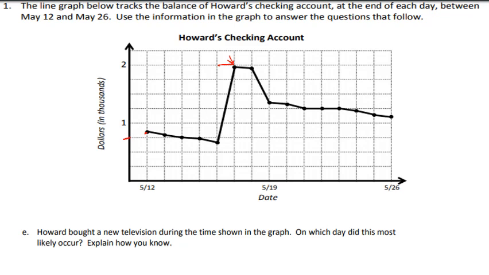Then he started spending a little bit of money, and all of a sudden right here he had a sharp decrease. And we know that each one of these is approximately $250. Okay, so that's a reasonable price for a TV right here. And it went down, showing that he spent it. So I would say that's going to be right on this date, which would be the 18th.